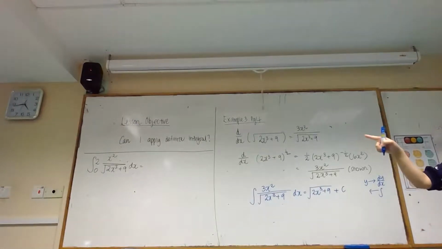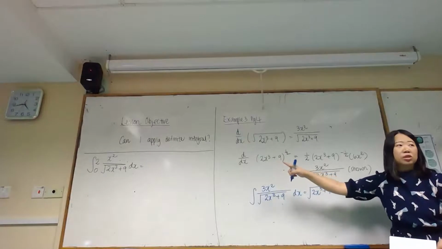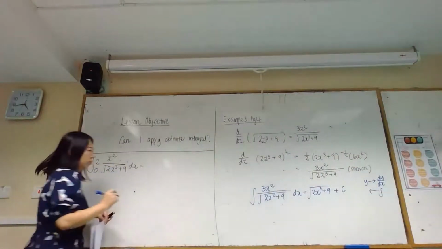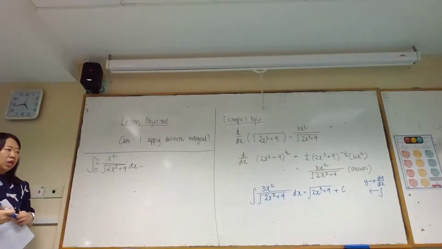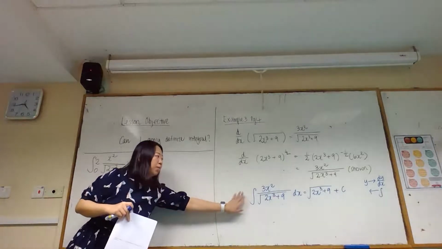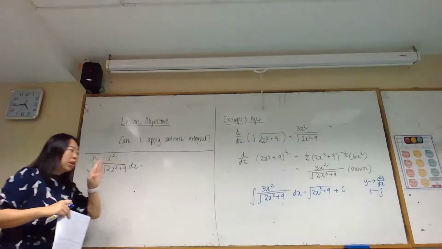But let's look at the question. I don't have a 3x squared. There is an x squared. So what should I do? If I want to make this an x squared, what is the constant I put outside? 1/3. So you tell yourself that.